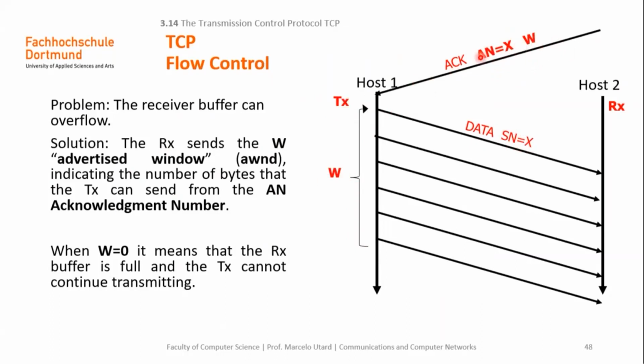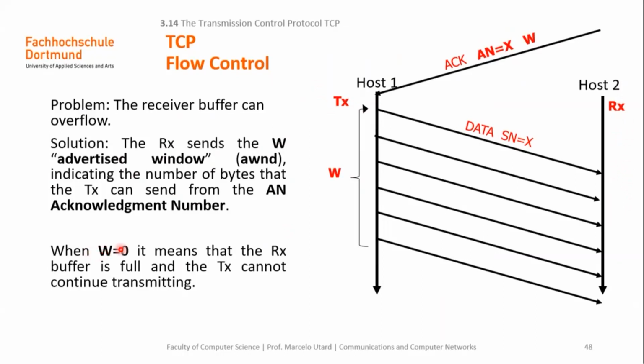Starting from this sequence number, the transmitter could transmit W bytes, and that window size is called the advertised window. In that way, the transmitter will avoid the overload or overflow of the receiver buffer on the receiver side of the communication.